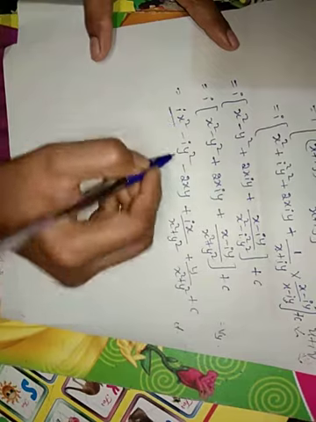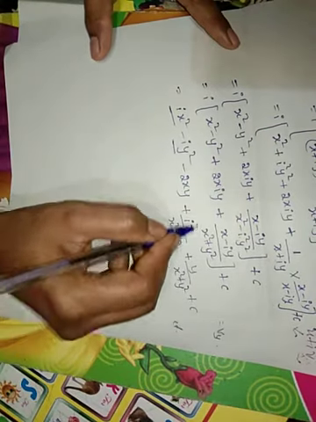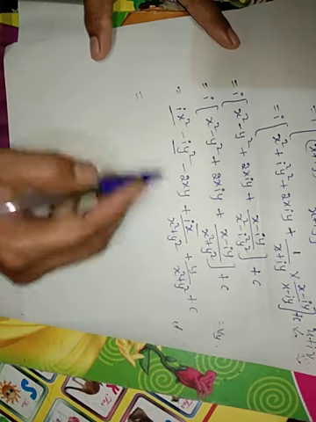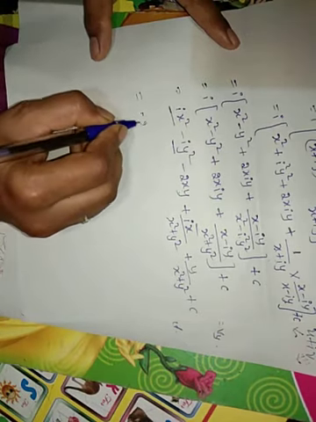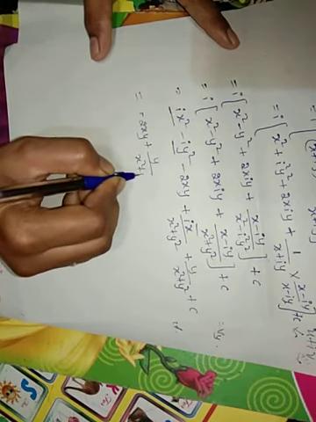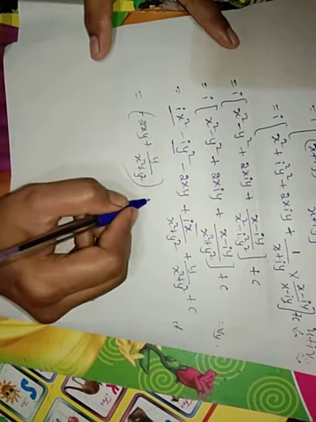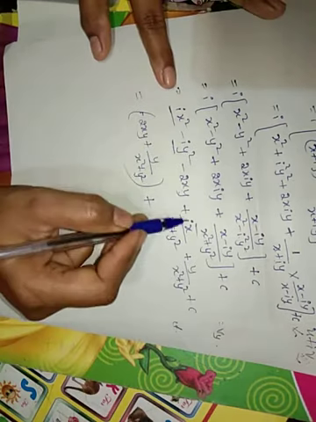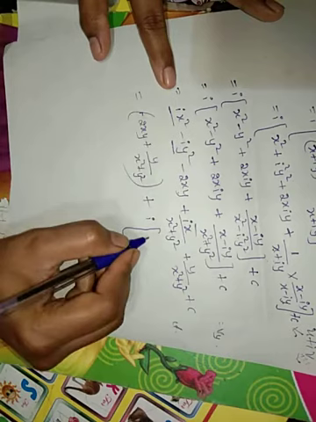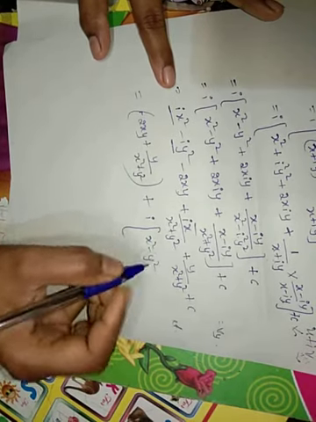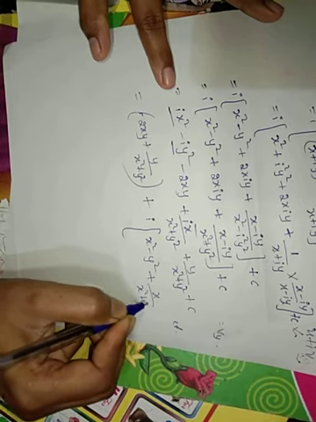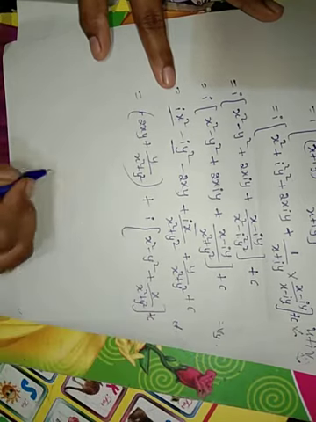So this one is imaginary, this one is imaginary, and this one is also imaginary. So real parts are these two: minus 2xy plus y divided by x square plus y square. In these, i is common. Take i common, the remaining is x square minus y square plus x divided by x square plus y square plus constant c.